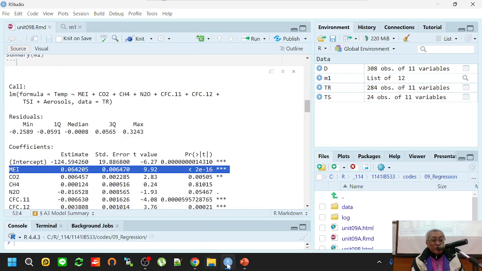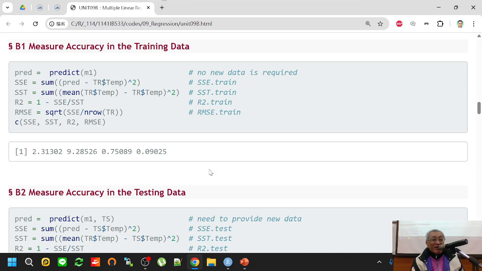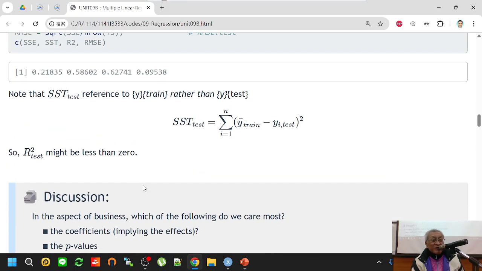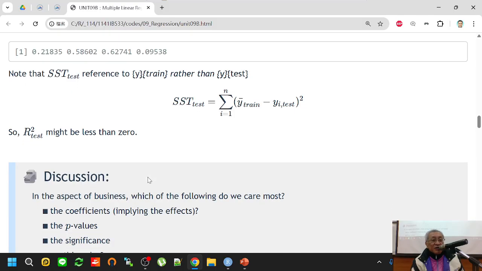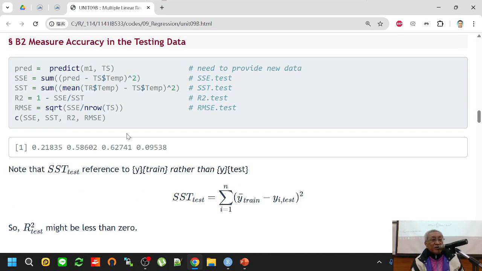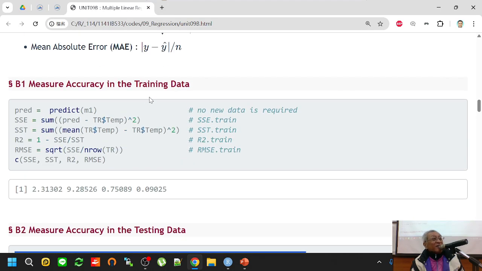So this is to show you the importance of reserving data for testing, and how to assess the accuracy of a model with a testing data set. Usually in business analytics, we will be asked to present accuracy on testing instead of training.